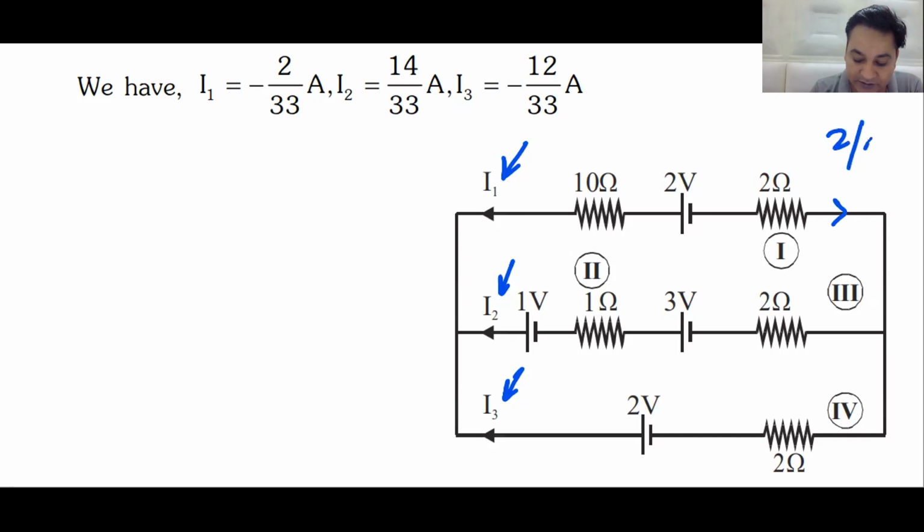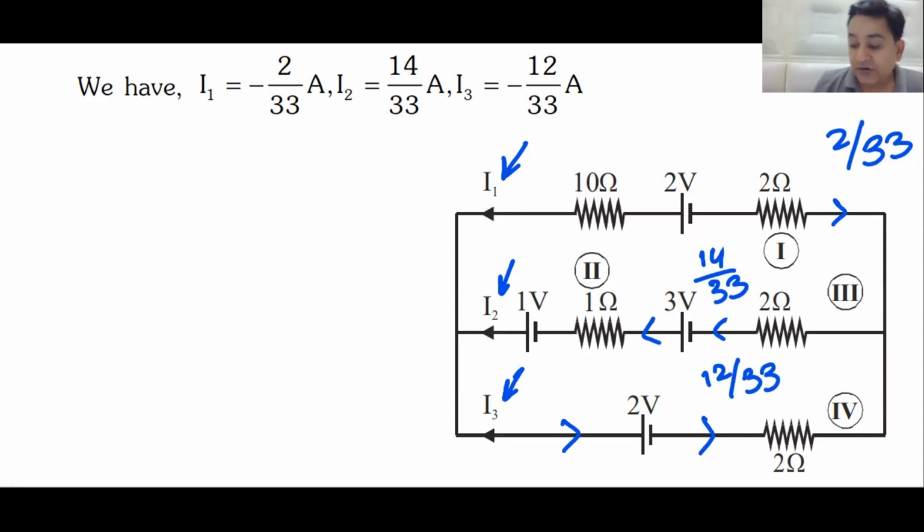It is 2 by 33. Did you get it? Yes, sir. I2 is in the same direction and it is 14 by 33. And I3 is in the opposite direction. It is like this and it is 12 by 33.